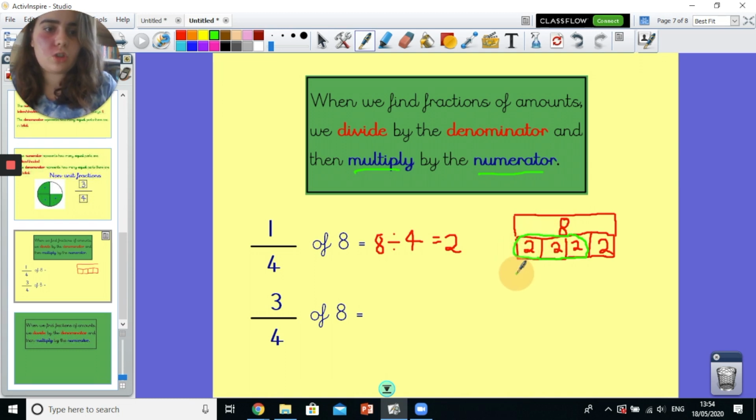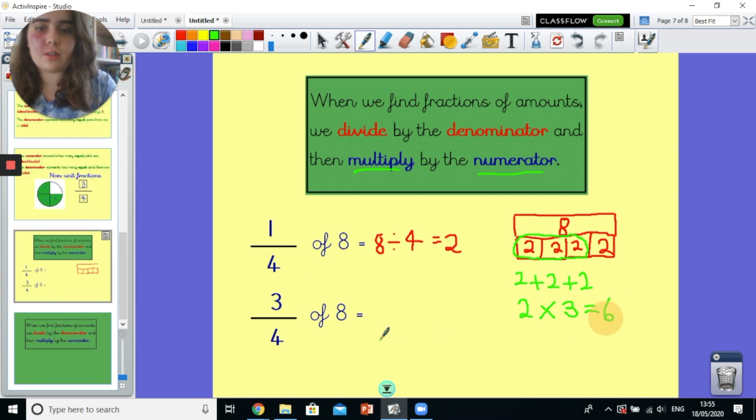So it's 2 plus 2 plus 2. What's another way of saying 2 plus 2 plus 2? We could also say 2 multiplied by 3. 2 times 3. And 2 times 3 is equal to 6.